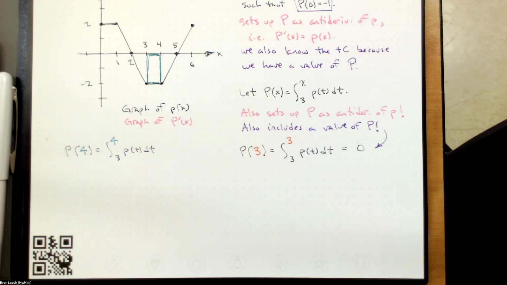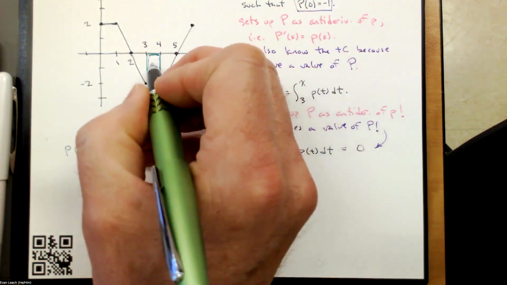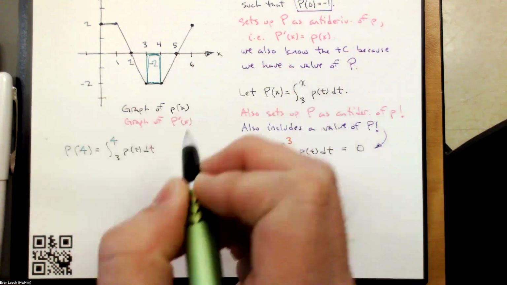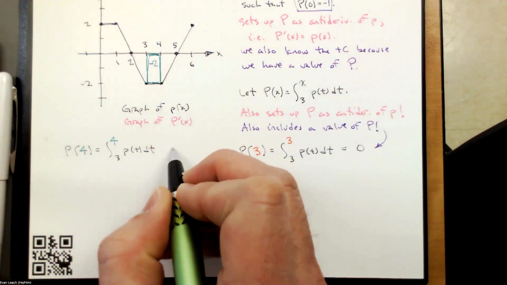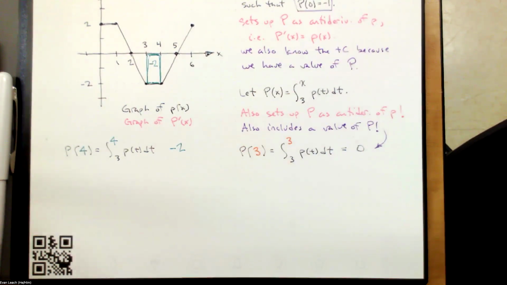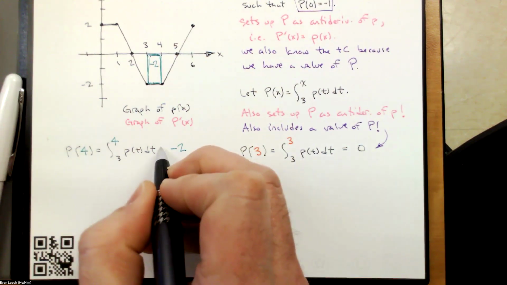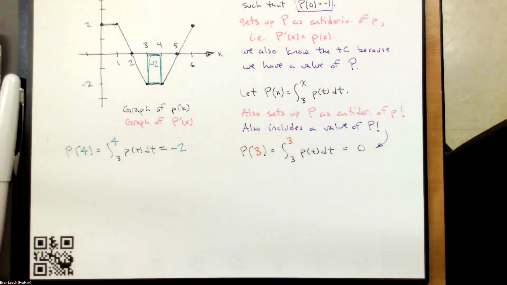The area there is 2. It's below the x-axis, so this is going to be a -2. This is the amount of change that we had from 3 to 4. But when x is equal to 3, we're at 0. We've decreased by 2, so now we're at -2.